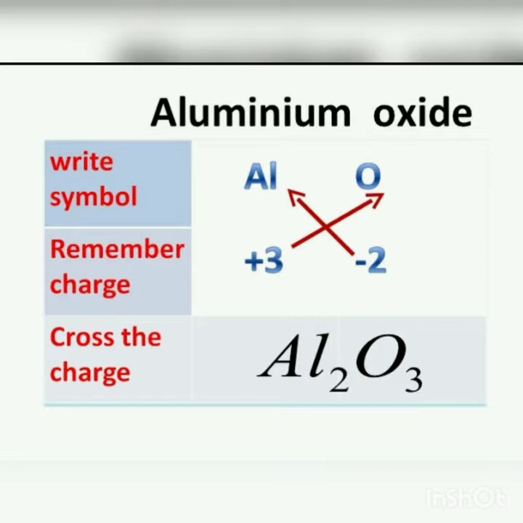First of all, we write the symbols of aluminium and oxygen, as we can see from the slide. Afterwards, below these symbols, we write their charges, as aluminium has +3 and oxygen has -2. Then we cross multiply the charges and the final formula we get is Al2O3.